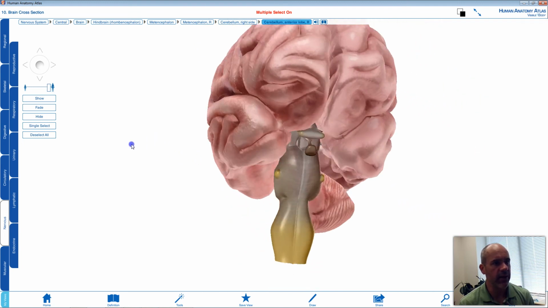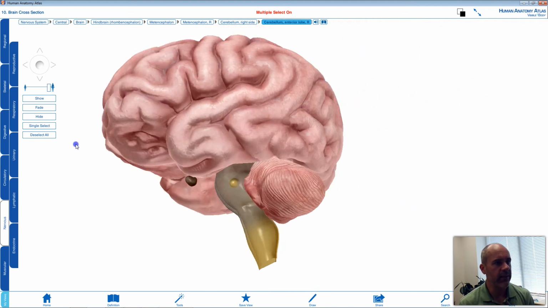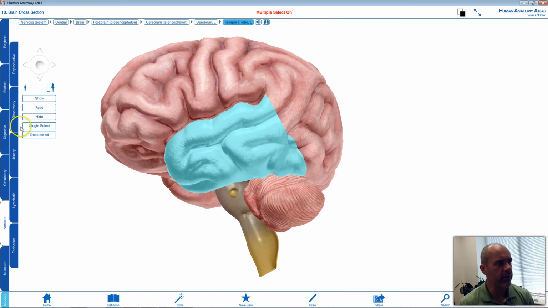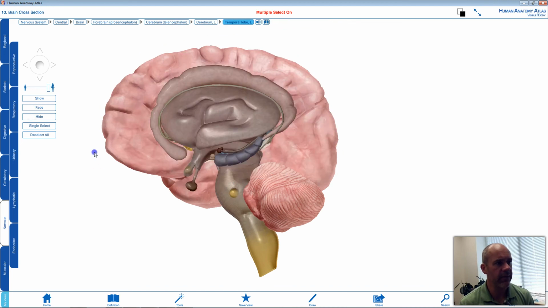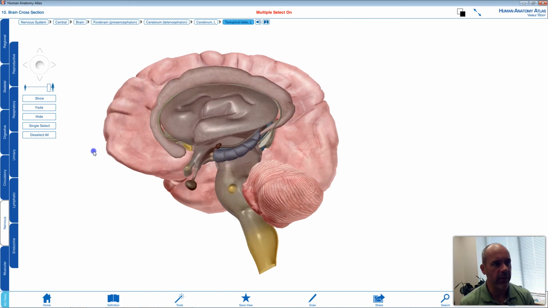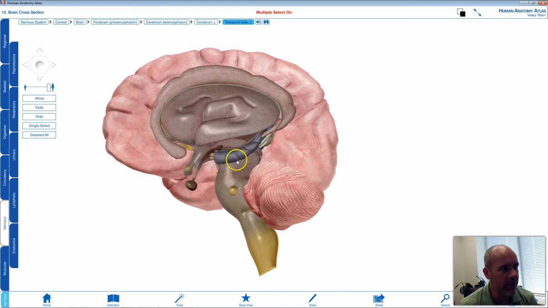Now let's take a look at the brainstem itself, and I am going to get rid of the temporal lobe there. Well, actually that took away the whole cerebrum. I'm going to highlight that. That is a structure called the hippocampus. That's an emotional area of the brain as well. It's part of your limbic system, involved in emotions. I'm going to hide that.